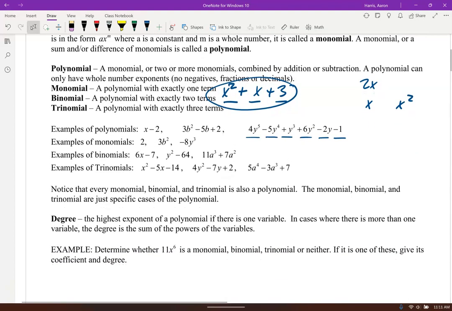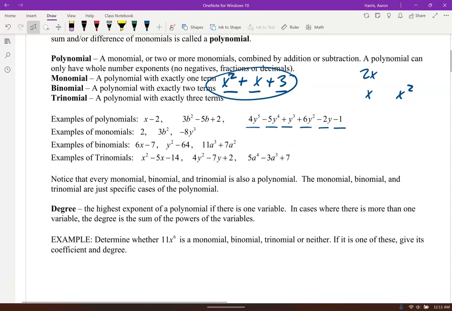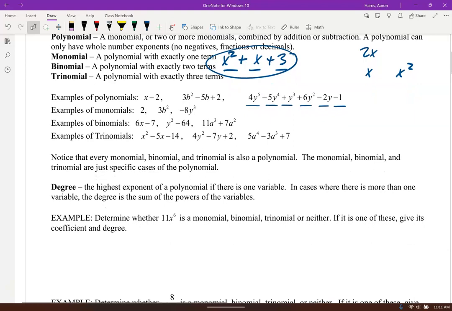So a monomial is just one term, binomial 2, and so on. So you can classify them by number of terms. And you can also classify them by degree. So you take the highest degree, like this monomial 11x to the 6th, it's just one term.